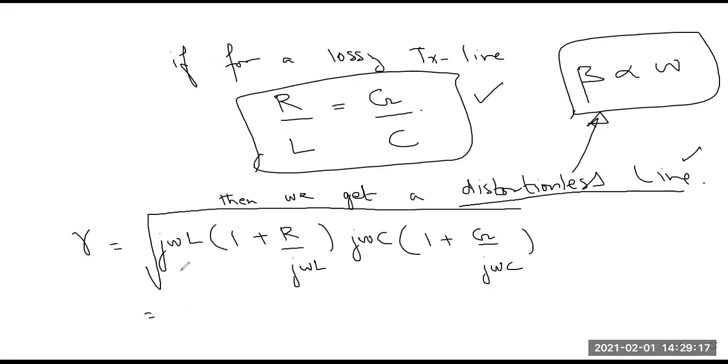Let me bring these terms outside of the square root. So you get j omega times the square root of LC, and inside the root you will get this.